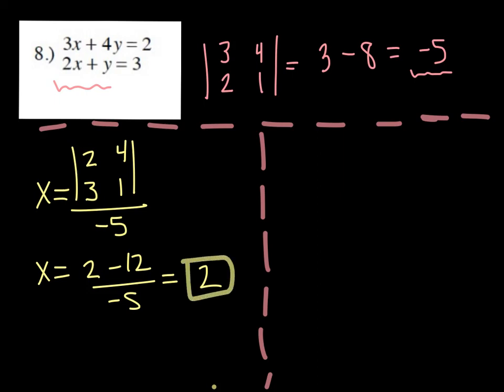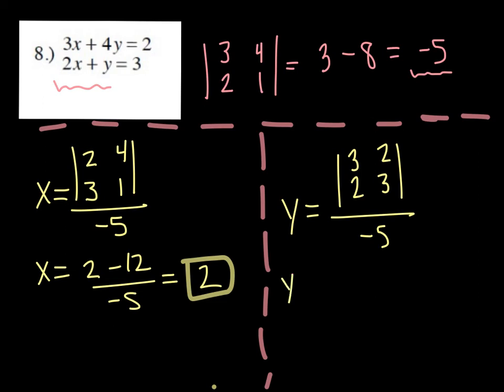Let's go find y. y will equal coefficients with your x's, so 3 and 2. Replace the coefficients with your y with what your equation is equal to, so 2 and 3. Over that determinant of the left-hand side of your equation, which we found to be negative 5.